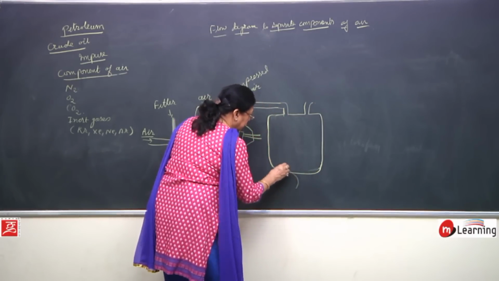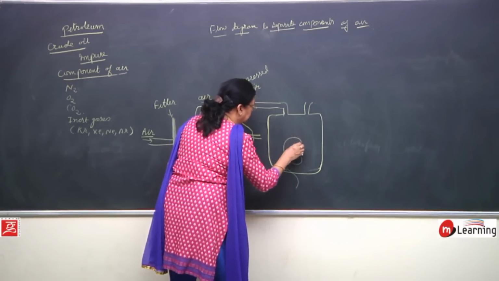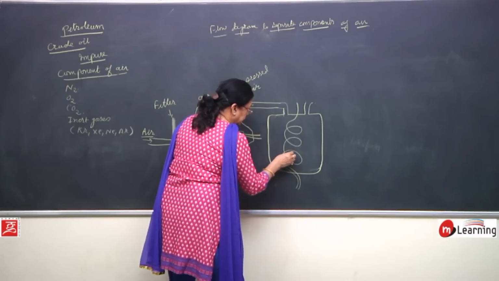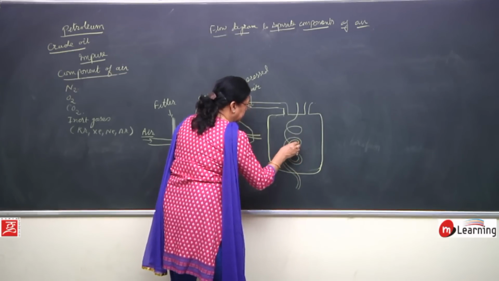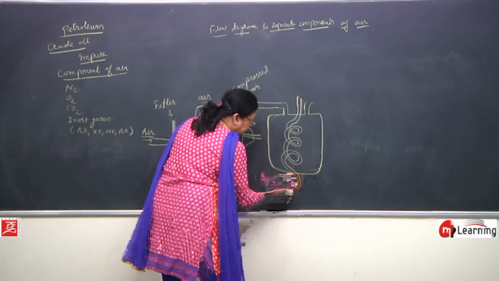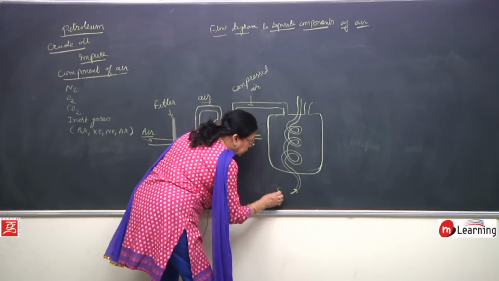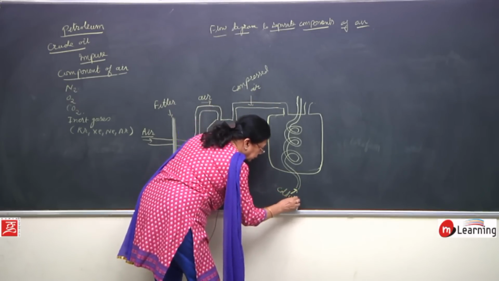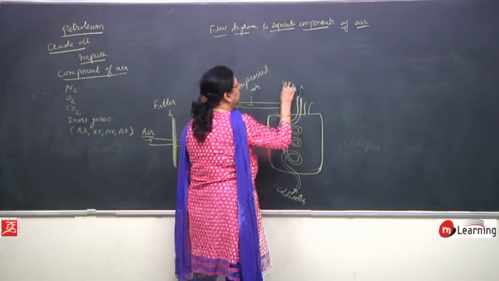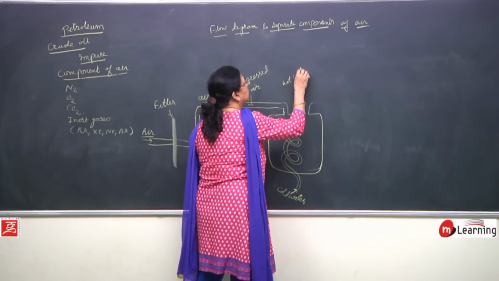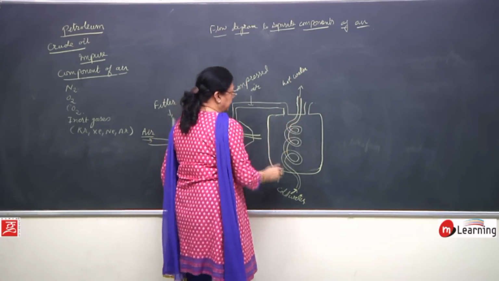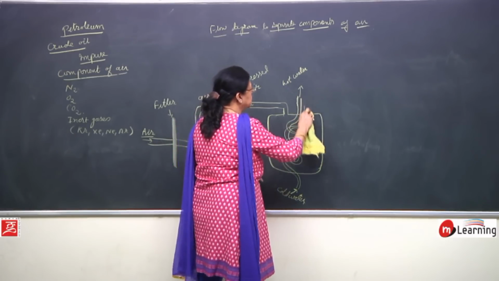Here, cold water goes in and hot water comes out. This compressed air comes in this, and this is a condenser.